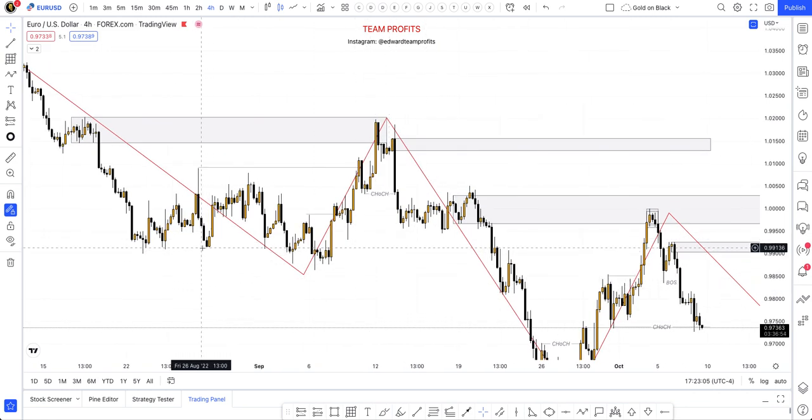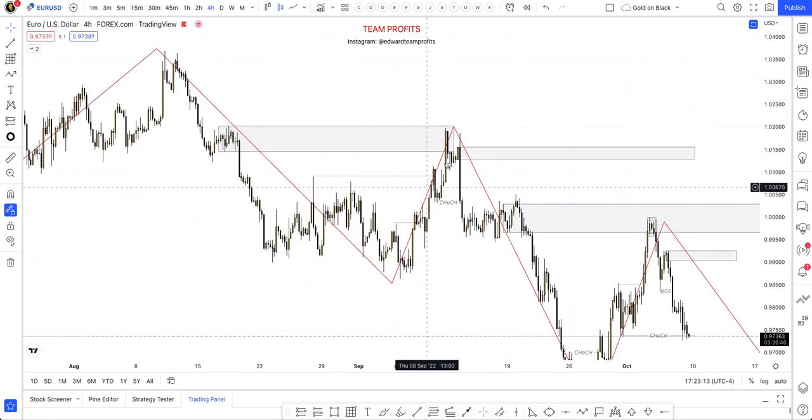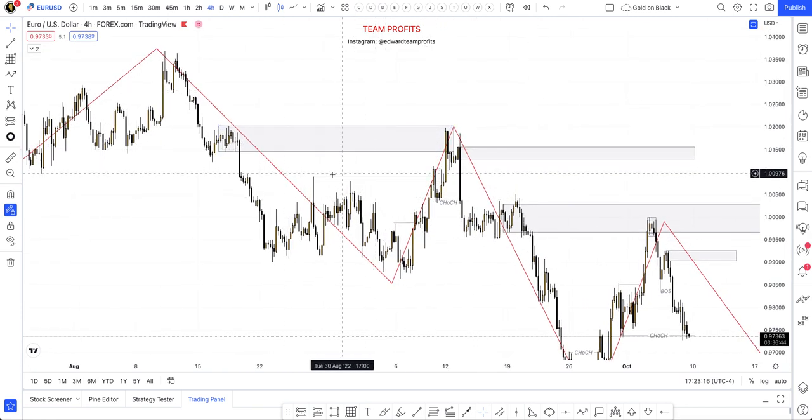It's very, very challenging at this point. So I would say the one at the top, but this pullback was very low, very small. This would have been the actual change of character right here.